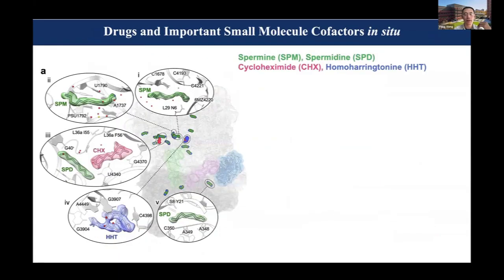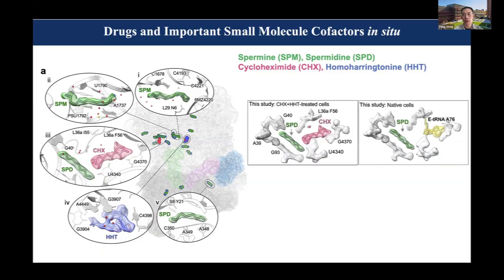Then finally, this is probably my final data slide, just to show that besides inhibitors, we can look at a lot of native small molecule cofactors that bind to the ribosome. Polyamines in this case, like spermine and spermidine, are very important for ribosome function.